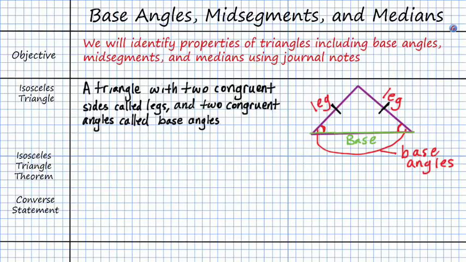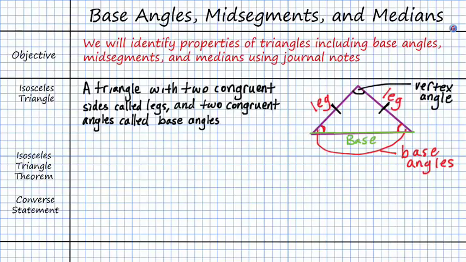And finally we will have our last piece here, and this is going to be called the vertex angle. So now we have a good little diagram of an isosceles triangle.